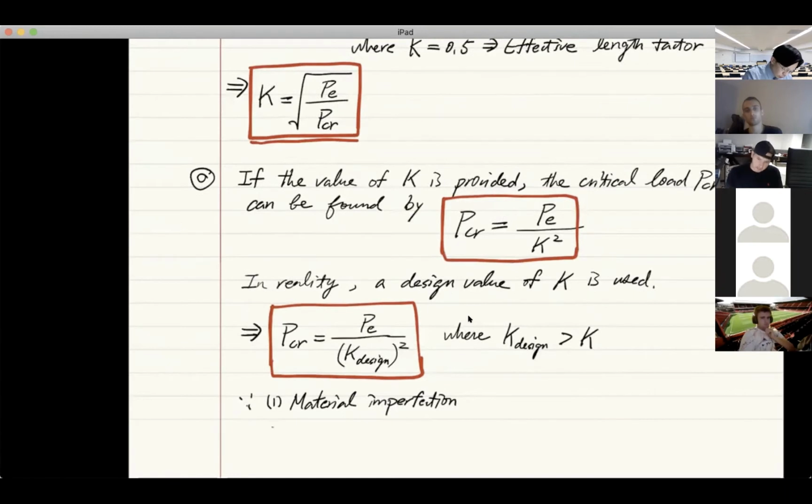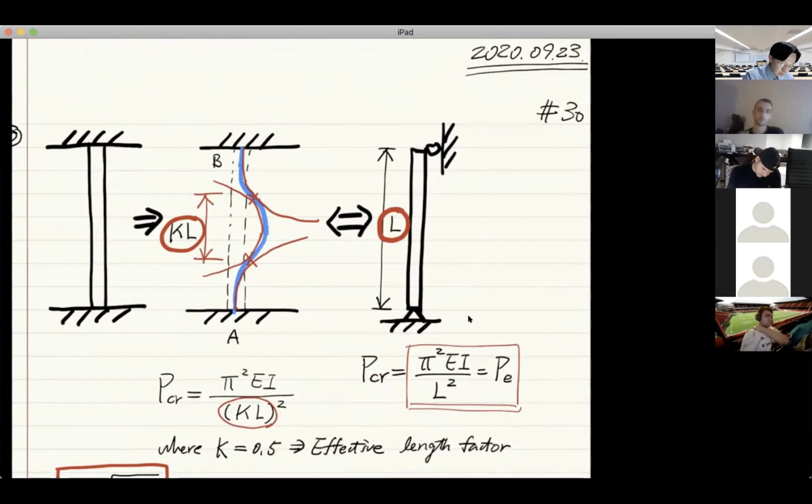Another reason why we have to use the design value rather than the theoretical value is that there is always residual stress in real structures. Now, steel structures and concrete structures have different sources of residual stress, and I can give you a few quick examples.